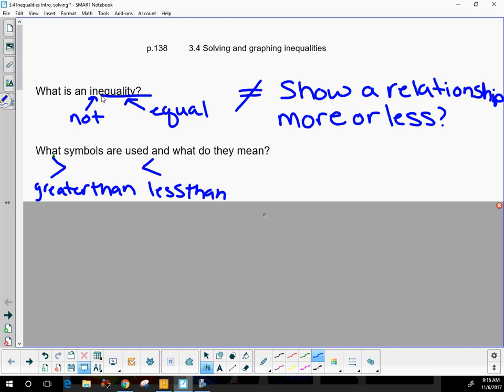But then you can also include a statement that means it's greater than or equal to. So the numbers could be the same or bigger, okay? So this is greater than and equal to.